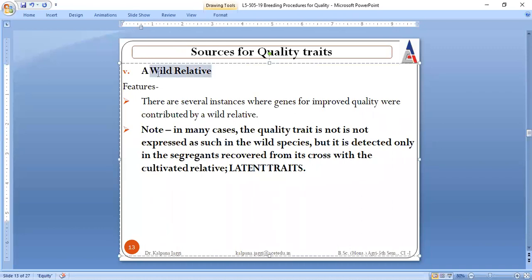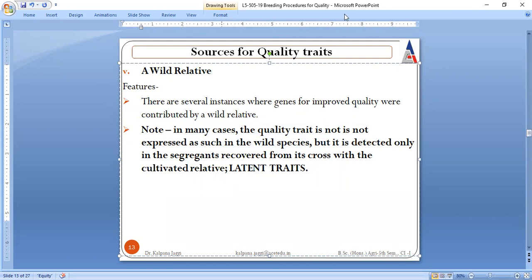Next is wild relative. We have seen many examples where genes for improved quality are contributed by wild relatives. But one of the problems when we consider a wild relative as a source is that the quality trait is not expressed in the wild species.